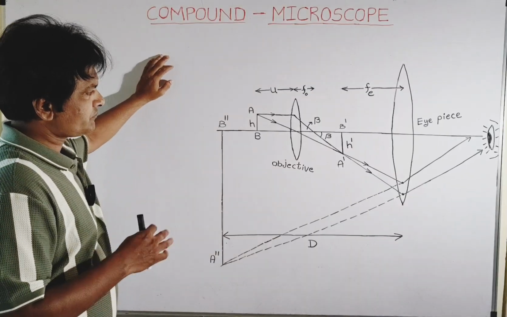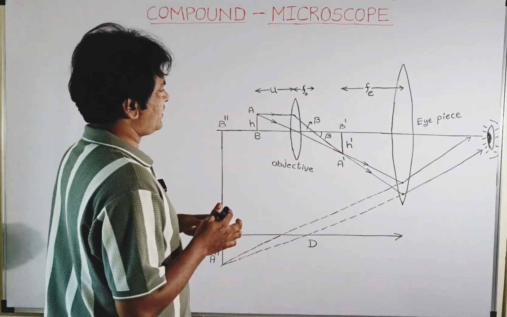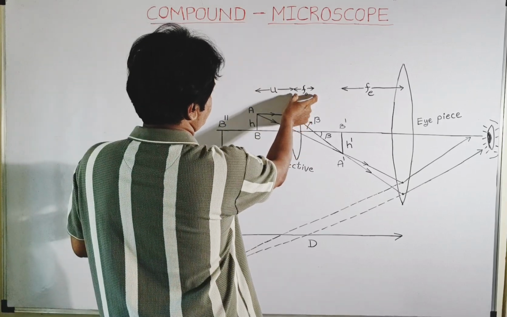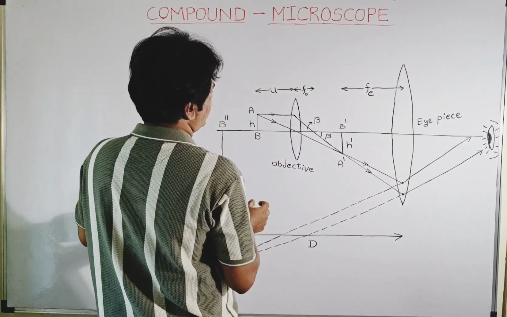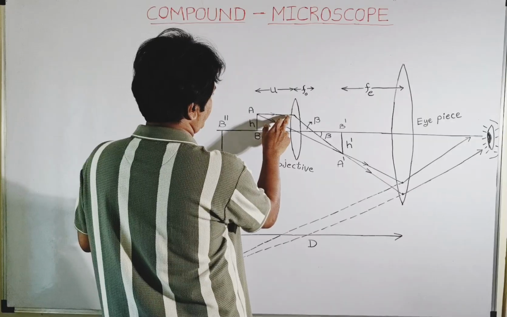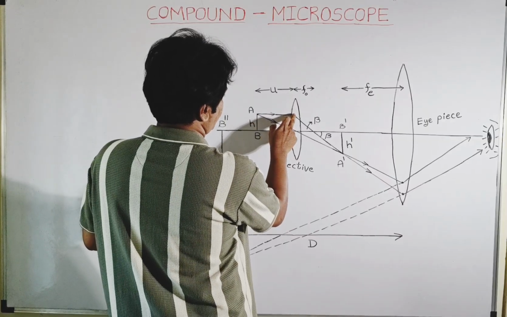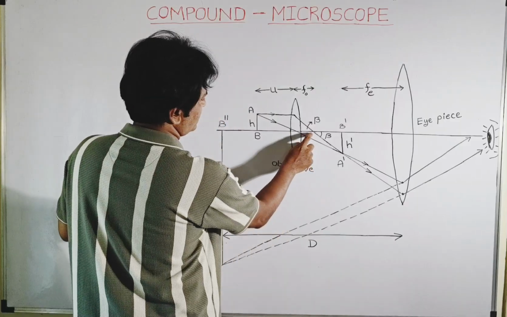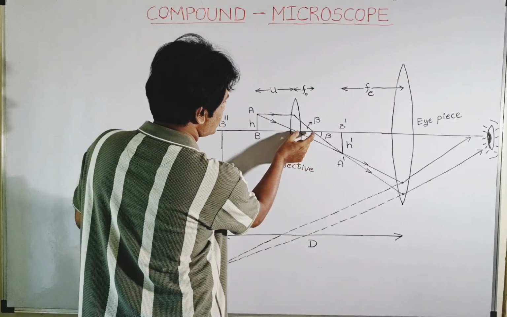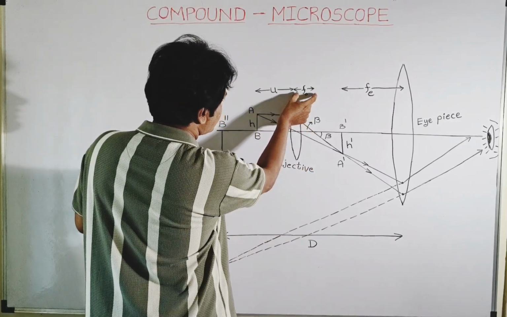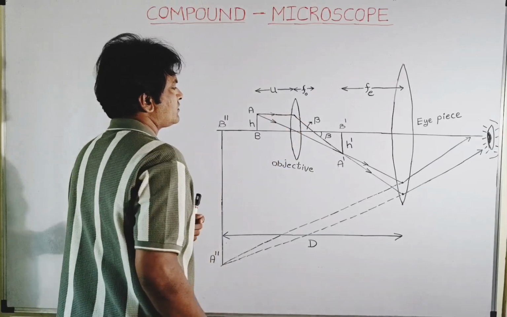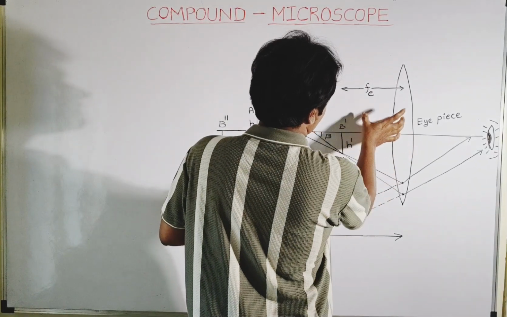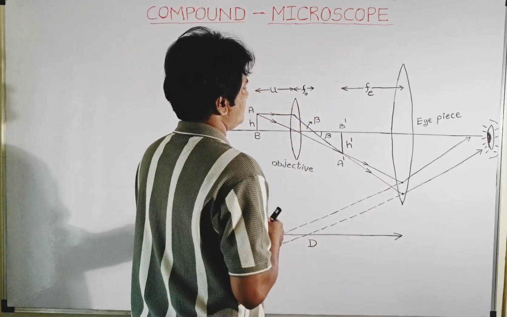First of all, there are some terms here you need to understand in this diagram. This is the object distance u, and this is the focal length of the objective lens. That means a parallel ray coming from this object goes through a point called the focus. This length is the focal length of this objective. And again, see here, this is the focal length of the eyepiece.